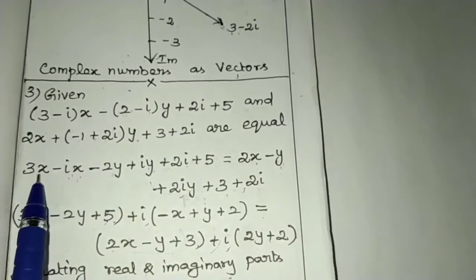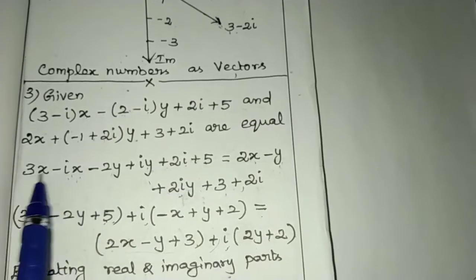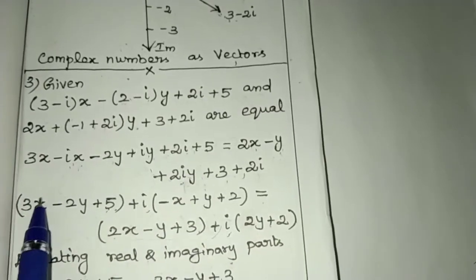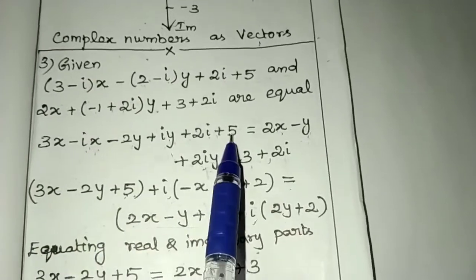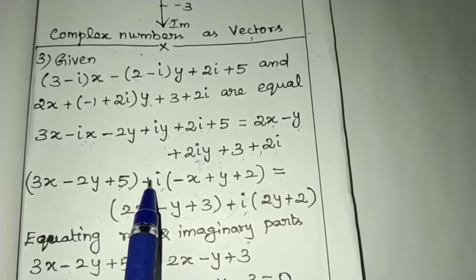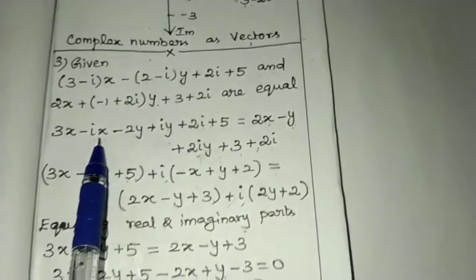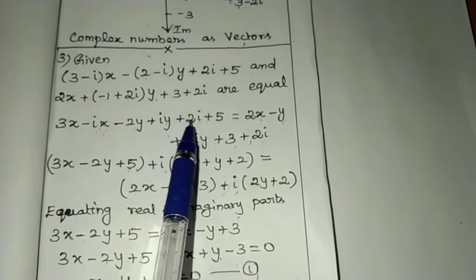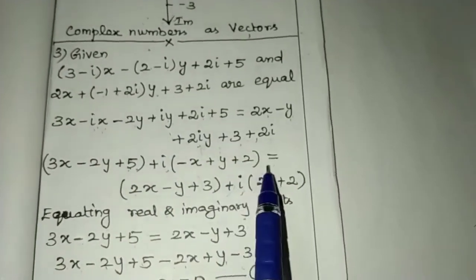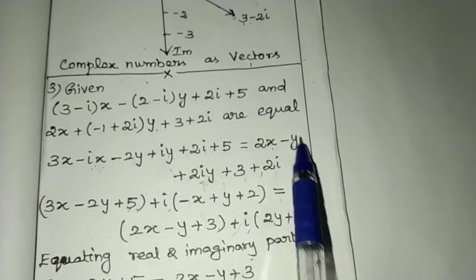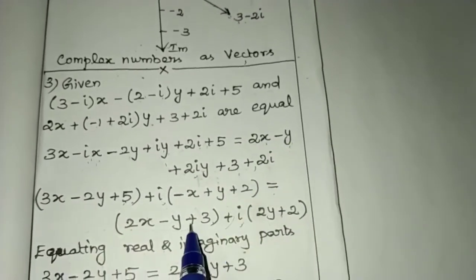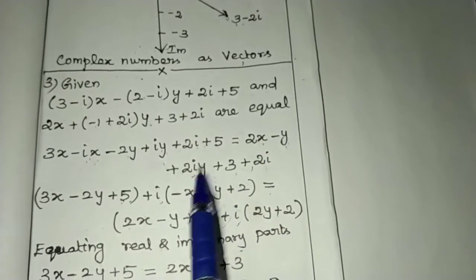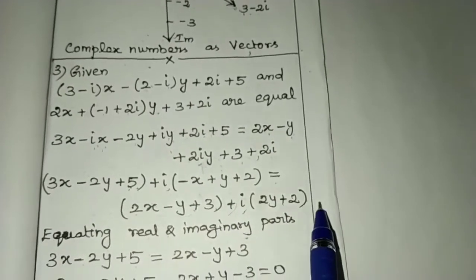Okay, now in the LHS, take the real part, 3x minus 2y plus 5, write this, plus i into imaginary part, minus x plus y plus 2, equal to, and RHS, collect the real part, 2x minus y plus 3, plus i into imaginary part, 2y plus 2.